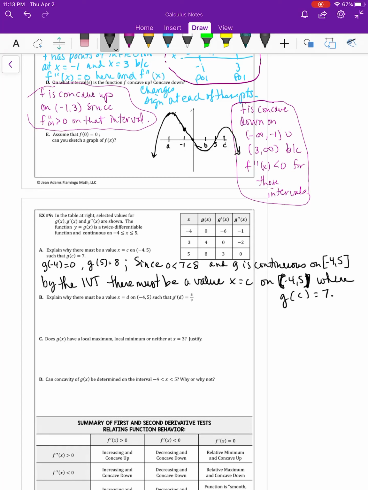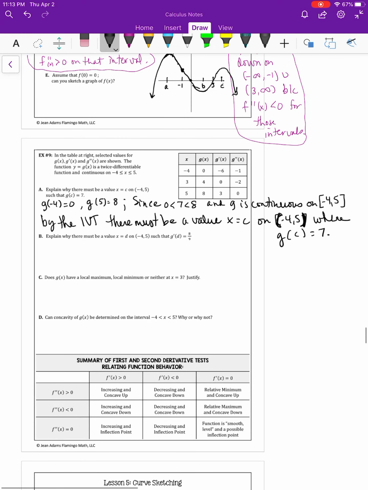Okay, so they're just basically saying, hey, if it's going to go from 0 to 8 and it's continuous, then therefore somewhere it had to have been 7.